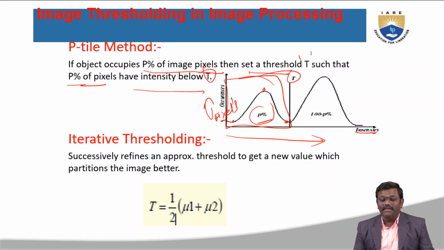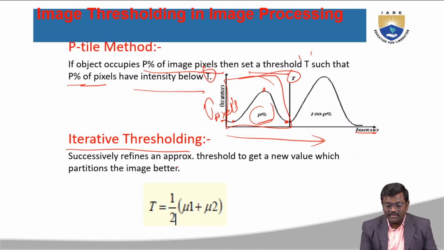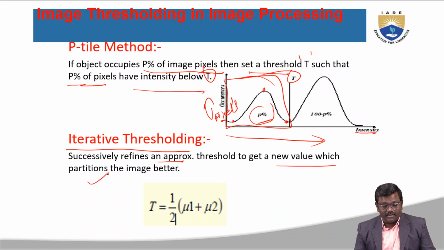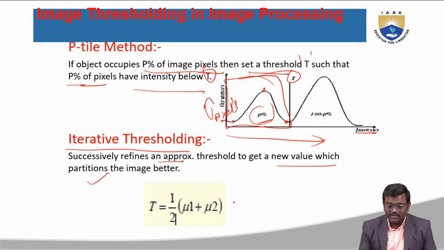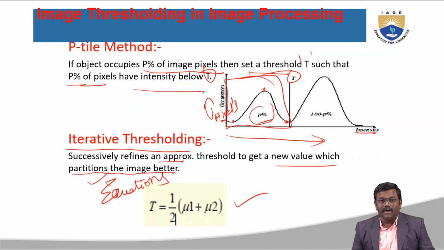That means iterative thresholding successively refines an approximated threshold value to get a new value which partitions the image better, by using this formula. What is this equation? This equation partitions the image better in the process of segmentation.